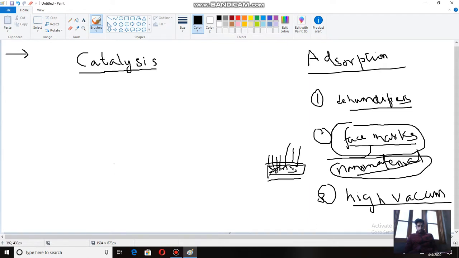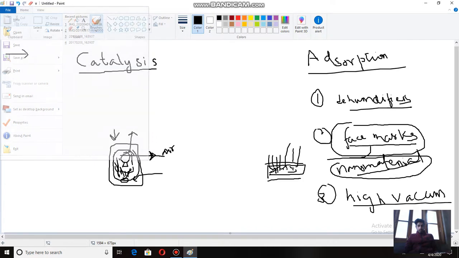For example, if we try to create a vacuum in this chamber, we will use a vacuum pump and send all the air out, but there may be some traces of air present, so we'll put some activated charcoal, which will absorb these traces of air, and we will have a perfect vacuum. Not perfect vacuum, it's not possible, approximately perfect vacuum over here.